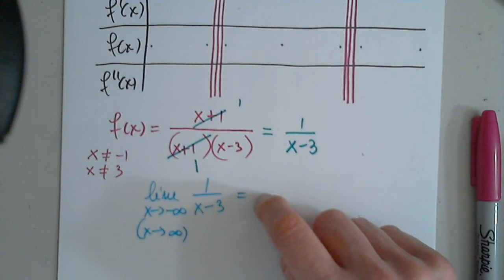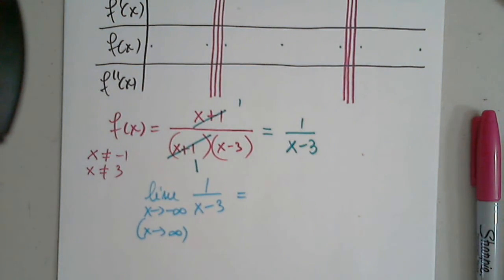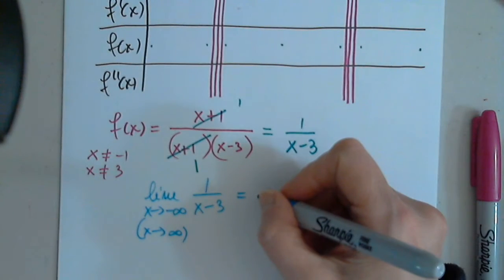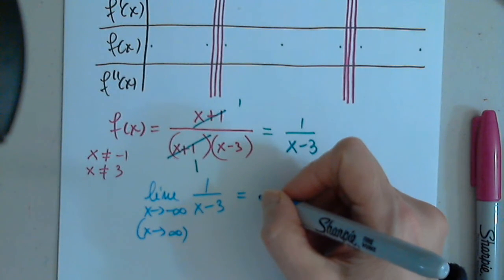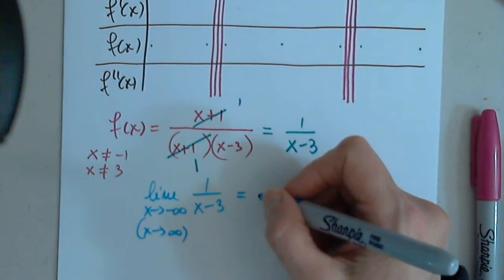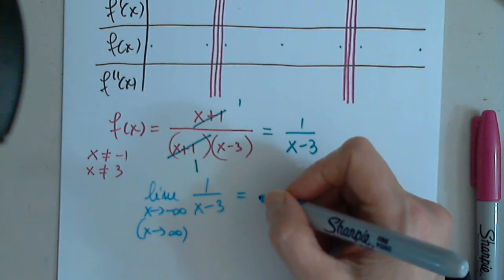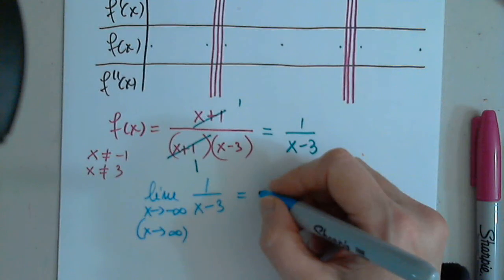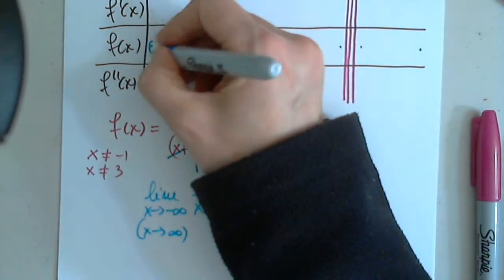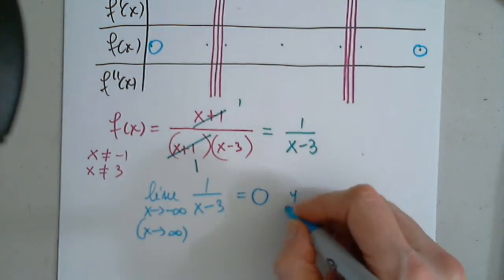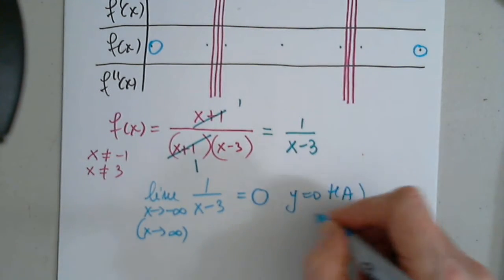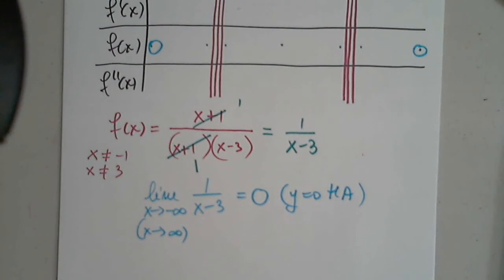How much will you get when I get to you? I'll start in China and India. And by the time I get to your door, how much is left from my dollar? Almost 0. Thank you very much. Y equals 0 is a horizontal asymptote. Perfect.